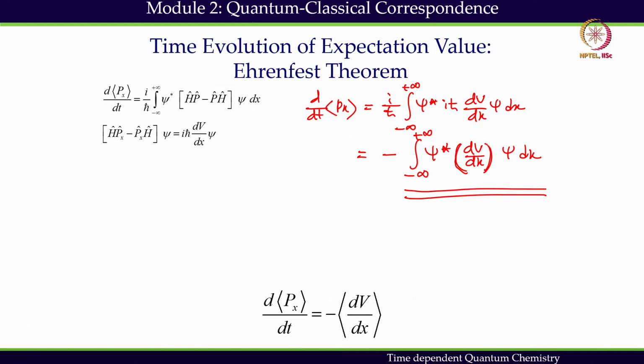And that is why we will write this: change of the momentum is the gradient of the potential, but we have to remember the form is not like this.